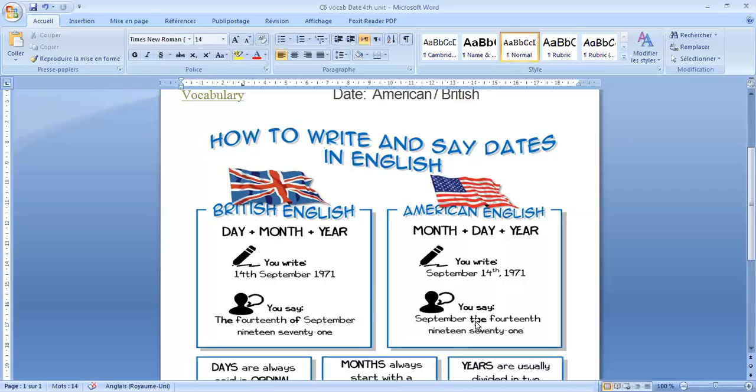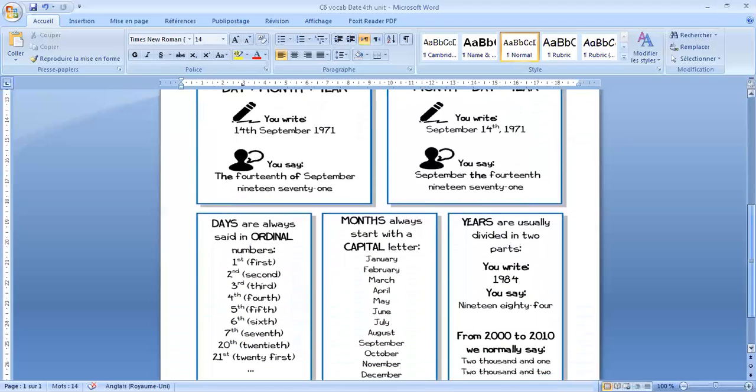So we pronounce the month, and we pronounce the before the day, and we pronounce the number in ordinal number with th, st for first, nd for second, and rd for third. The others th. Okay.